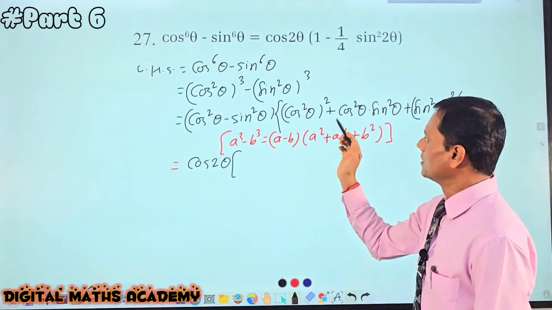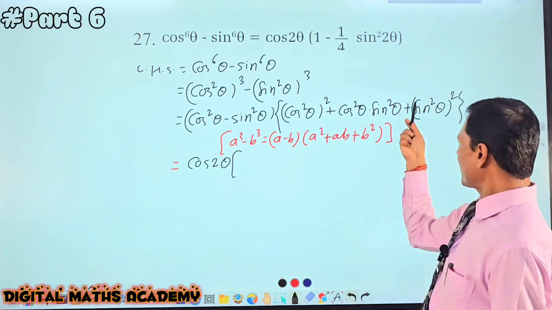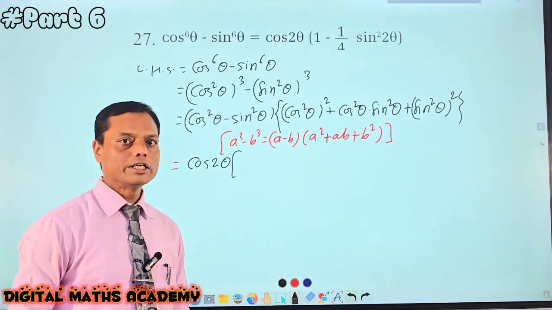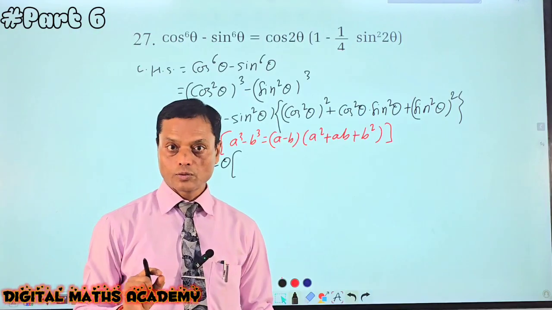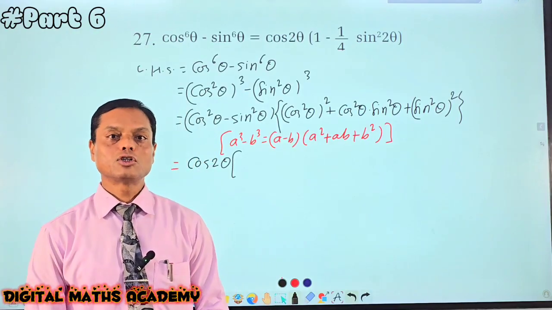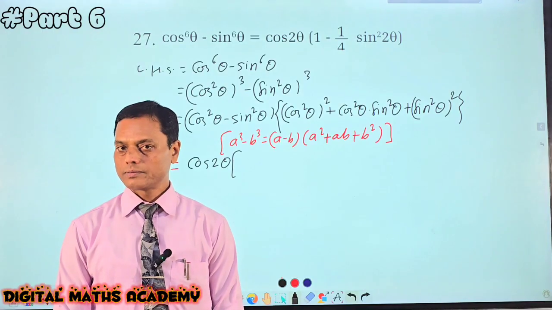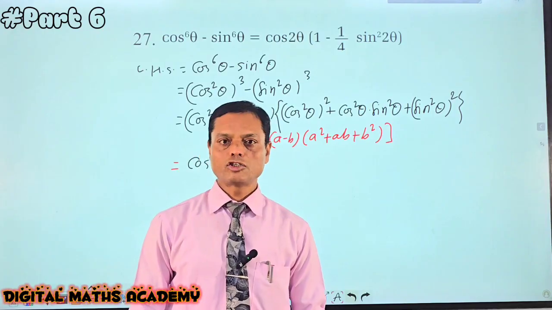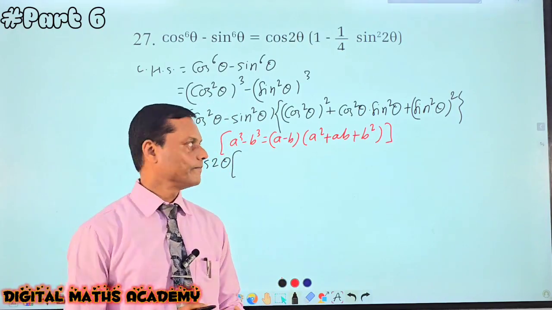After that, in the second factor, we can see cos square theta whole square and sin square theta whole square. So once again, we are going to apply the formula a square plus b square. A square plus b square has two formulae. The first one is a plus b whole square minus 2ab, and another is a minus b whole square plus 2ab.